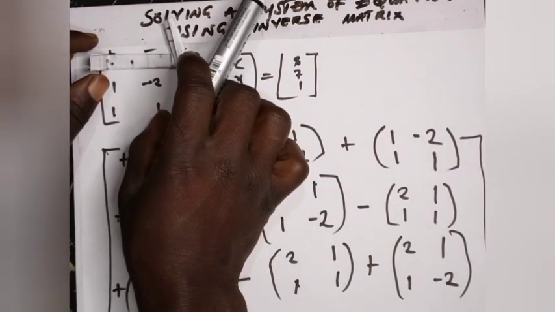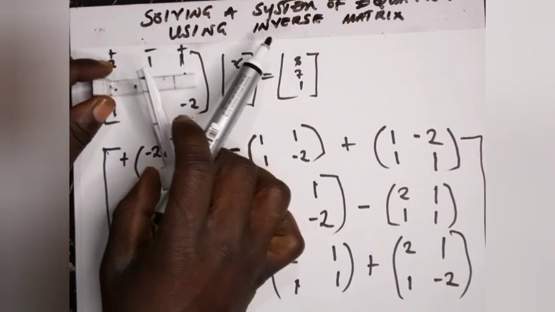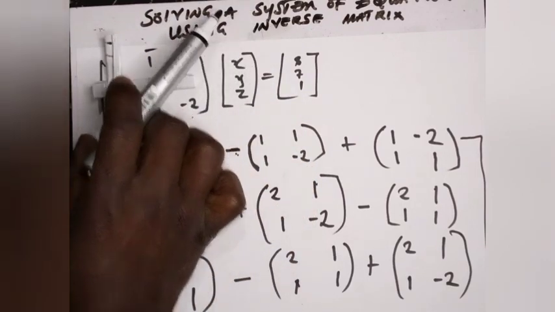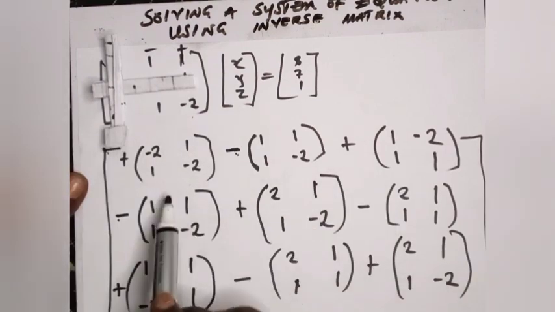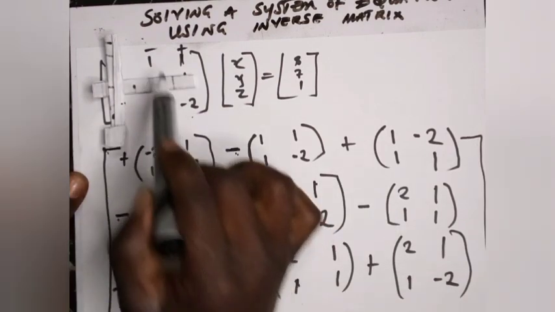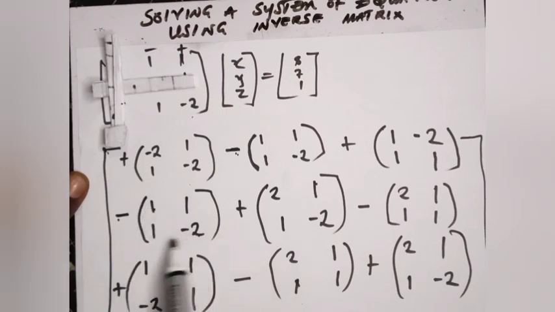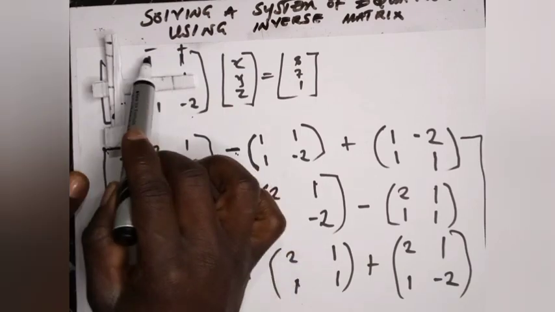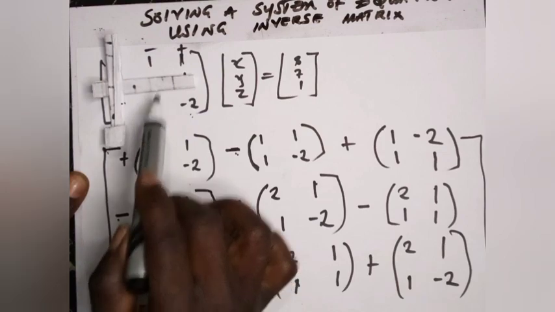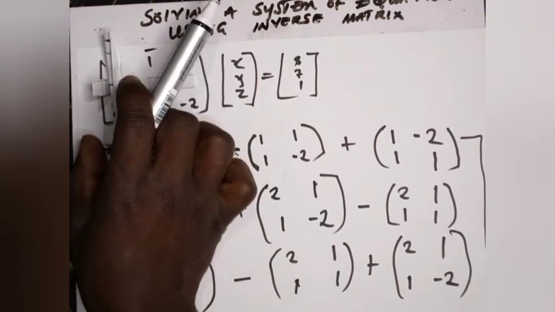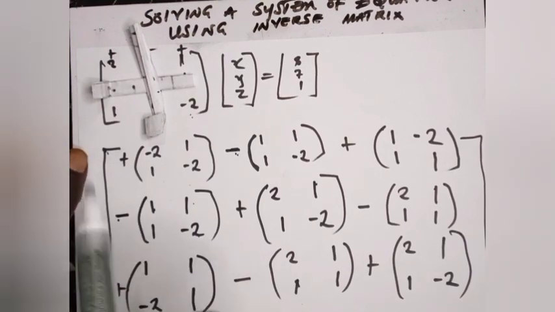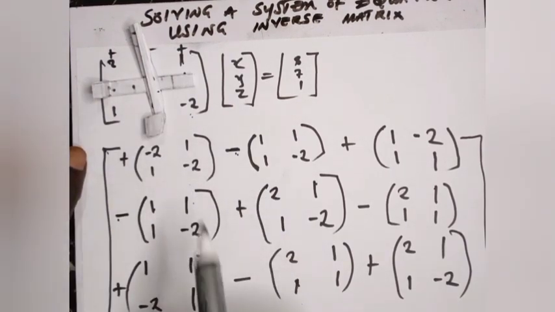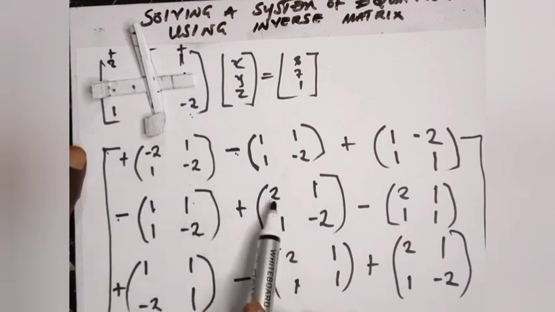Then you come here, first column, second row, 1, 1, -2, 1, 1. Here it is 1, -2, 1, 1. Then second row, second column, we have 2, 2, -2, 1, 1.